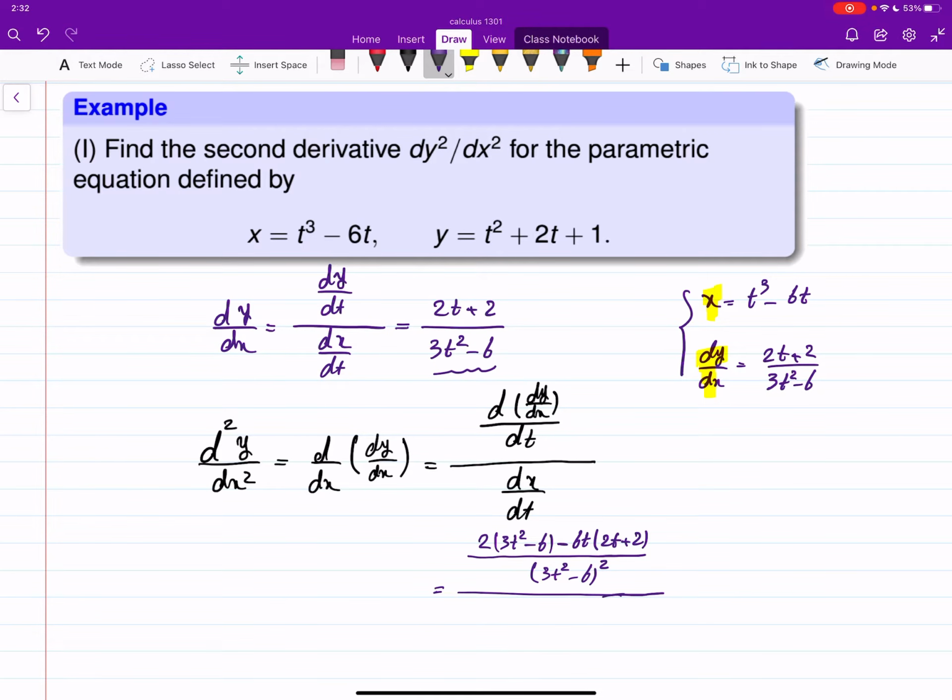And divided by dx/dt, which is the derivative of this with respect to t, which gives us 3t squared minus 6.